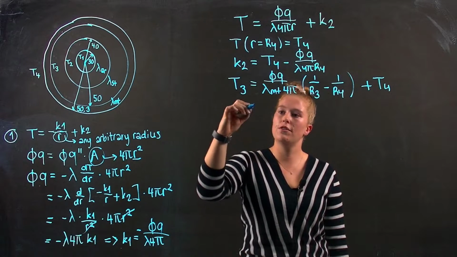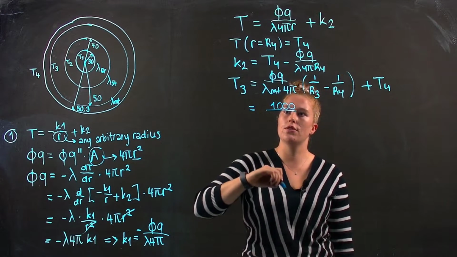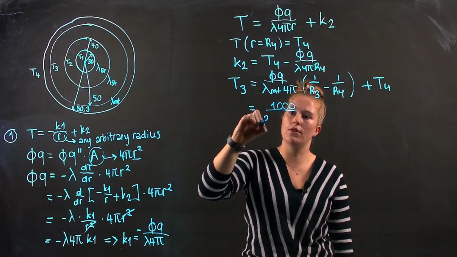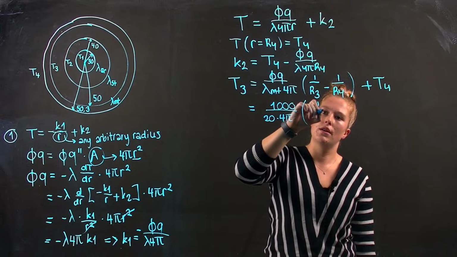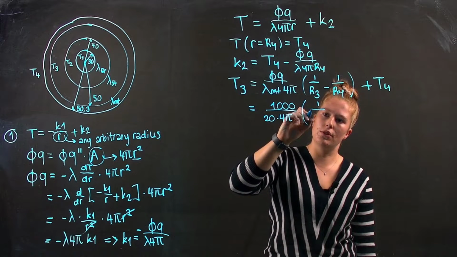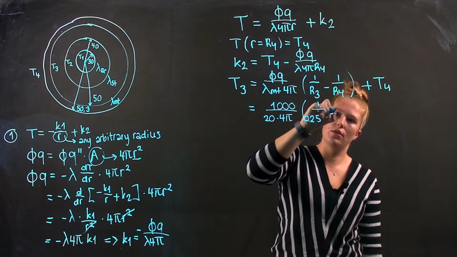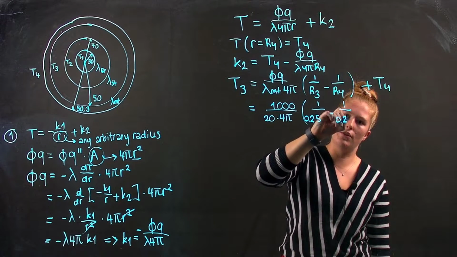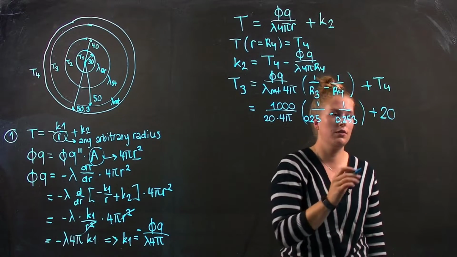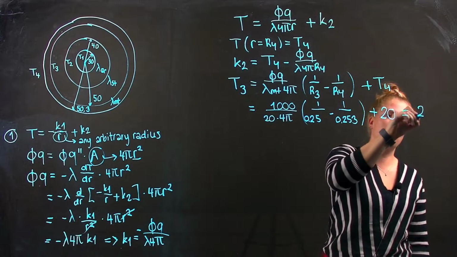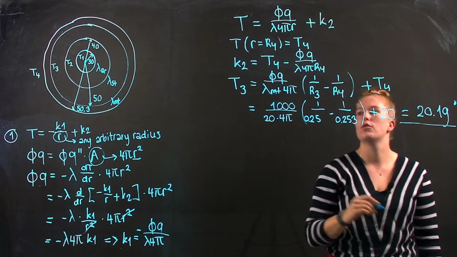If we fill in everything, we get, for the heat flow, the value of 1000. The heat conductivity of the metal is equal to 20 times 4 pi. And then the radius, which is equal to 0.25 minus 0.253 plus the initial temperature, 20 degrees. And this gives us 20.90 degrees Celsius for our T3.